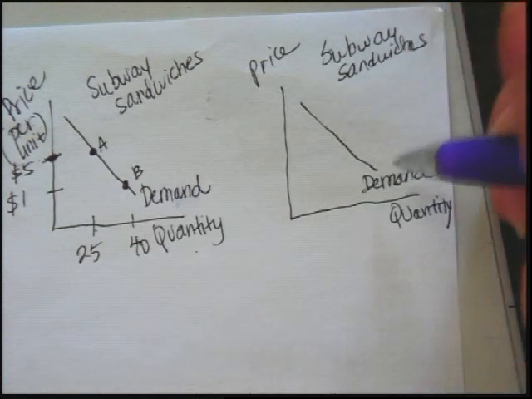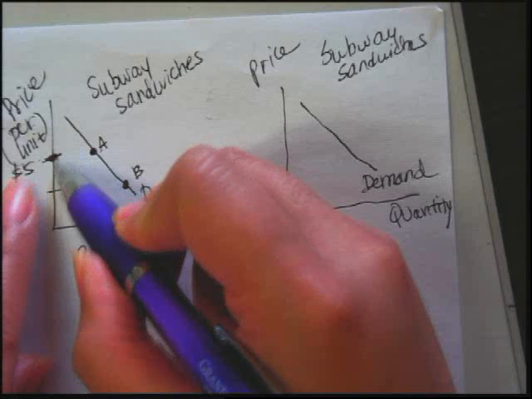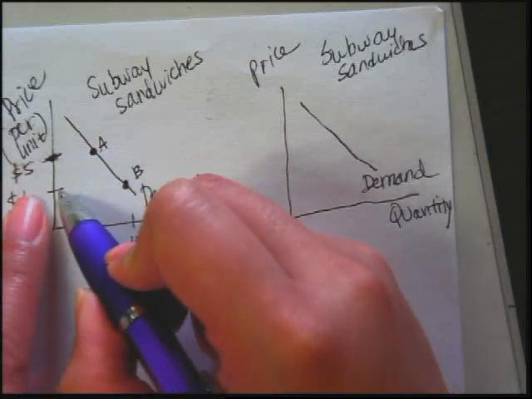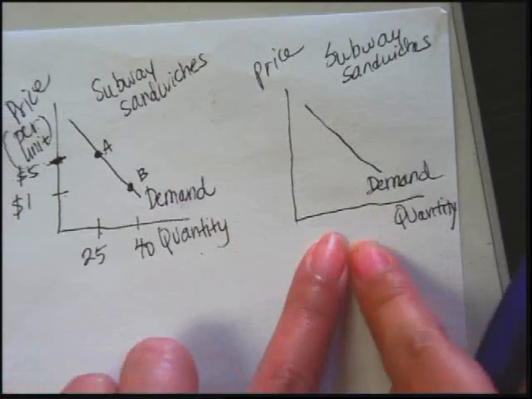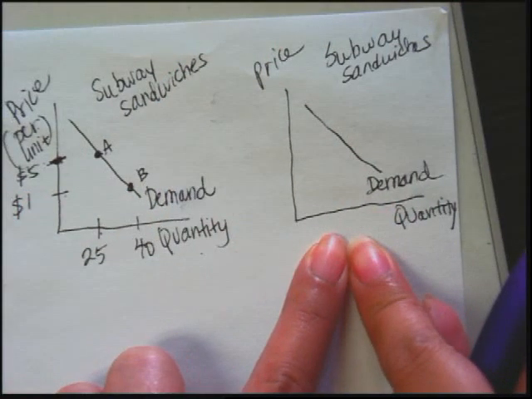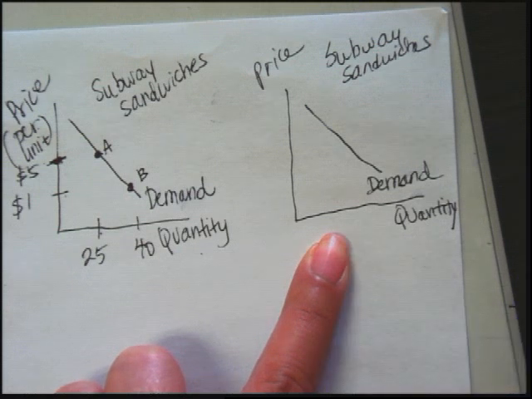So what's going to happen now? Here, the price changed from $5 to $1. So we moved from point A to point B. Here, something external changed, right? It was a news report. People's preferences or tastes changed.